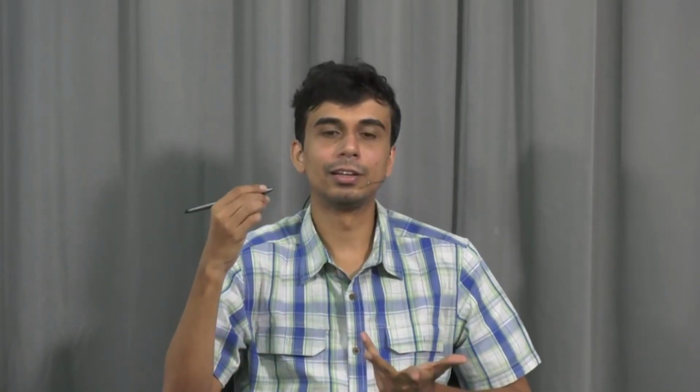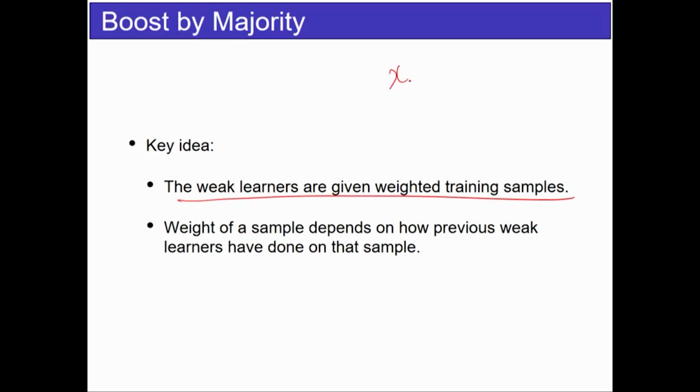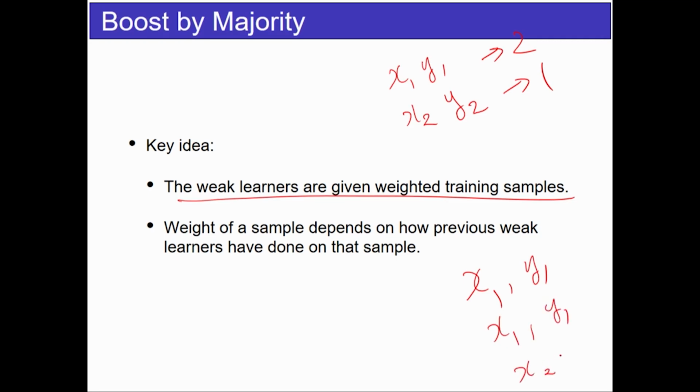So is that such a big deal? You can always simulate weighted training samples. For example, say x1, y1 has a weight of 2 and x2, y2 has a weight of 1. I can simulate this with unweighted data by having x1, y1, x1, y1, and x2, y2.